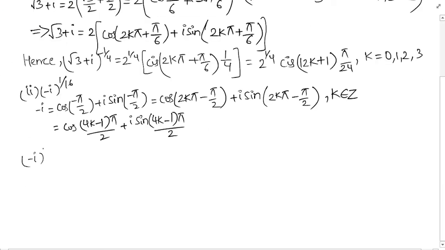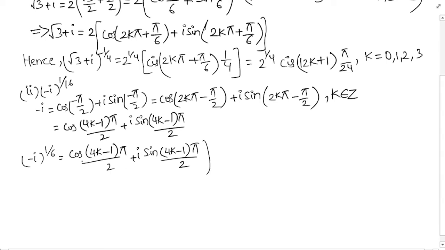So minus i to the power 1 by 6 can be written as cos of 4k minus 1 into pi by 2 plus i sine of 4k minus 1 into pi by 2, to the power 1 by 6.